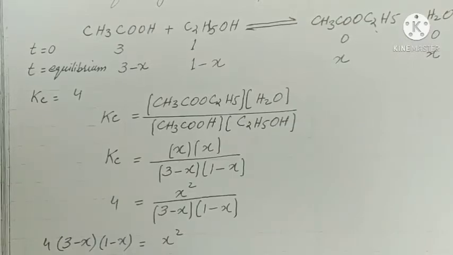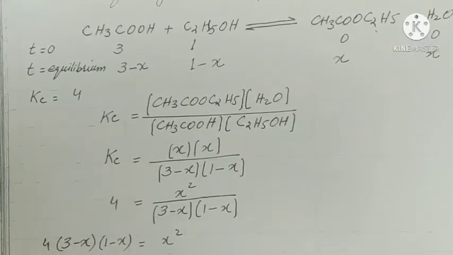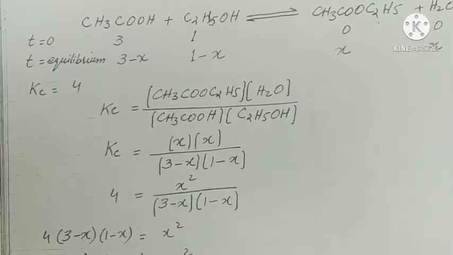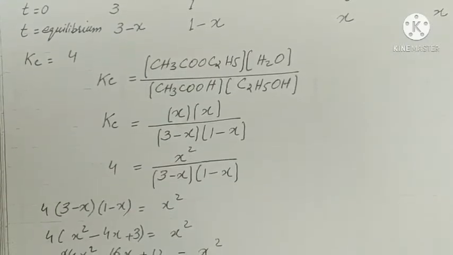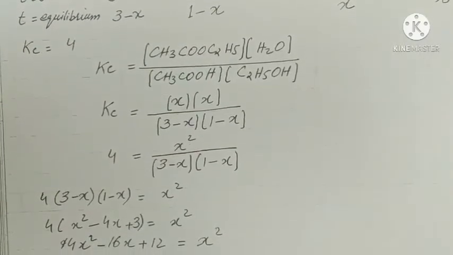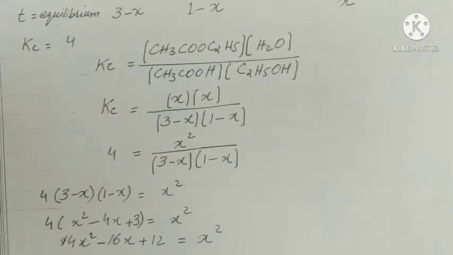The value of Kc is 4, so 4 is equal to x square divided by (3 minus x)(1 minus x). Then solve this equation. Take (3 minus x)(1 minus x) to the other side, on the left hand side. Then 4 into (3 minus x)(1 minus x) is equal to x square.